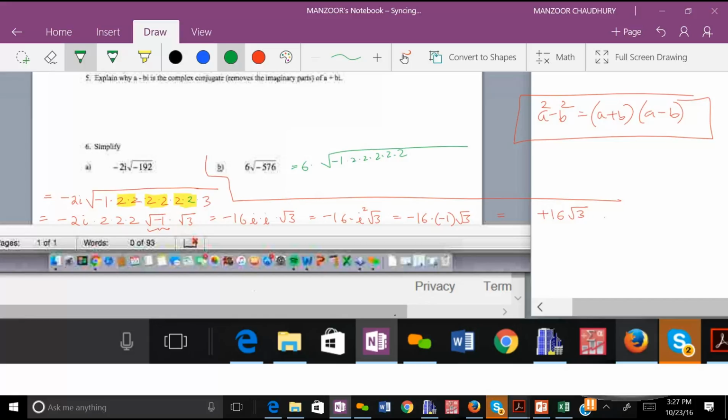There's another 2 here, sorry. So you have another 2, and another 3, and another 3. Now, these 2 get out of jail together, these 2 get out of jail together, these 2 get out of jail together, these 3 get out of jail together. So that equals 6 times i times 2 times 2 times 2 times 3.